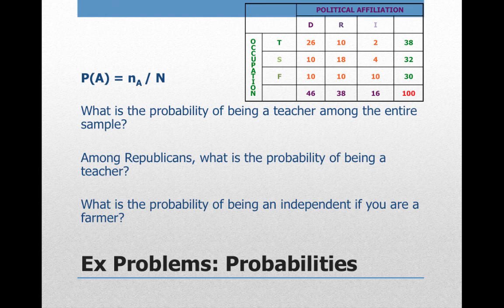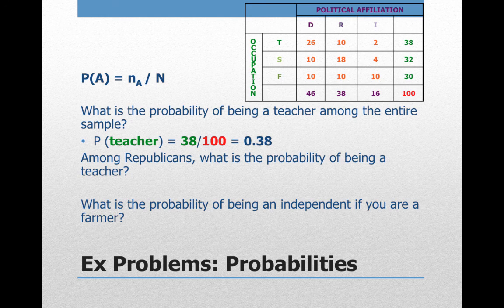And when we're talking about the probability of being a teacher, how many teachers are there in our entire sample? There are 38. So we would set up our work as 38 over 100 equals 0.38. This is the probability of being a teacher among the entire sample of 100 people.